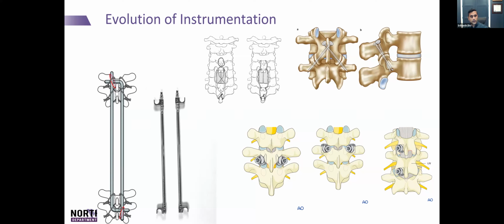Here you have on the left, these things called Luque rods with spinous process and laminar wiring to hold the vertebral column, posterior vertebral column rigidly to these big rods. Then you see next to it here, this is a Harrington rod.